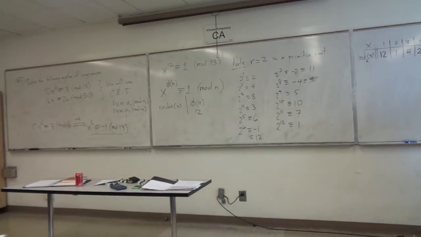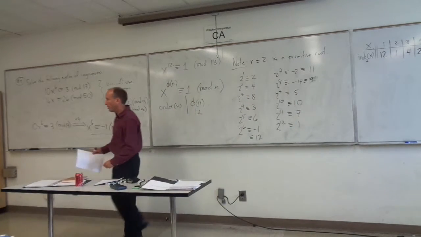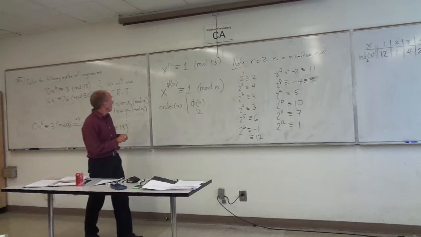And then 11 gives me 7, 9 gives me 8, 10 and 10. Oops, I skipped. 5 gives me 9, 10 gives me 10, and 11. So there's your table of indices right there. Everybody okay with that? Definitely want to be able to draw out that table.